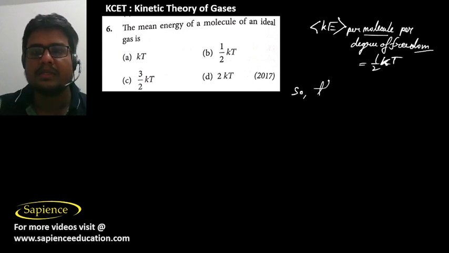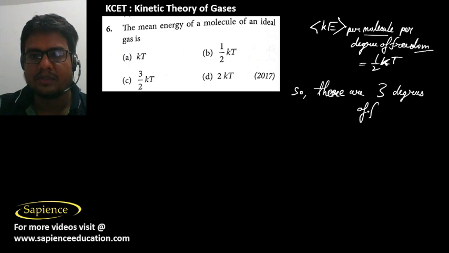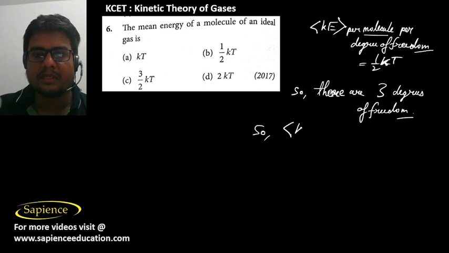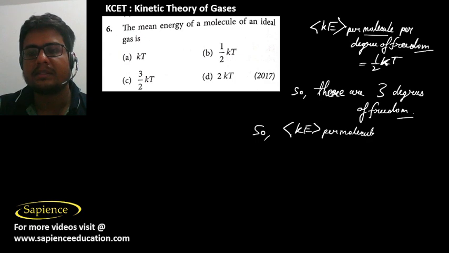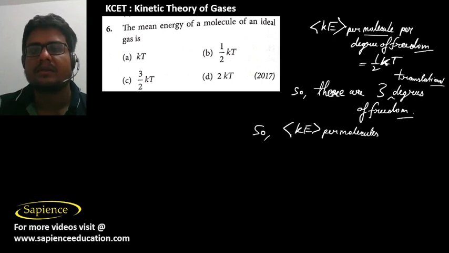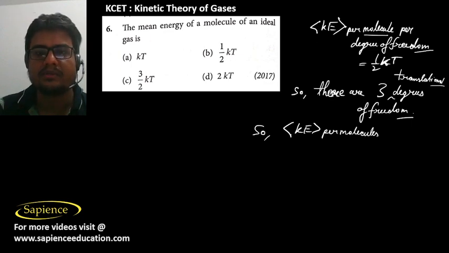So there are 3 degrees of freedom. So we can say that the average kinetic energy per molecule of the ideal gas, since there are 3 translational degrees of freedom, and since the size of the molecule is considered to be negligible, there are no rotational or vibrational degrees of freedom in the case of an ideal gas.